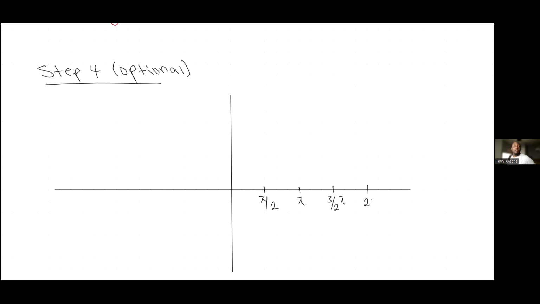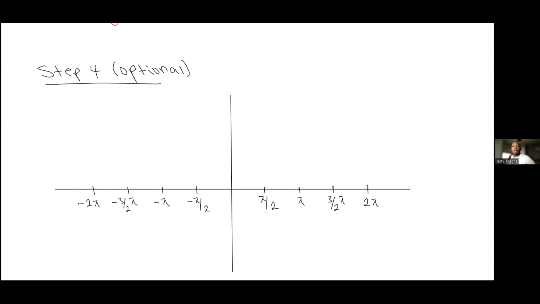So because we have it in radian, the same thing we're going to have here is minus pi over 2. We're going to have it as minus pi. We're going to have here as minus 3 over 2 pi. And we're going to have here as what? Minus 2 pi.